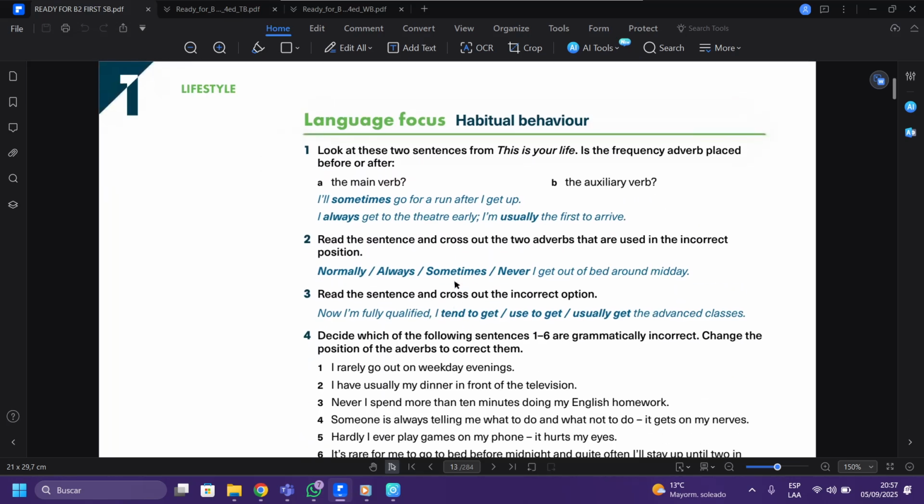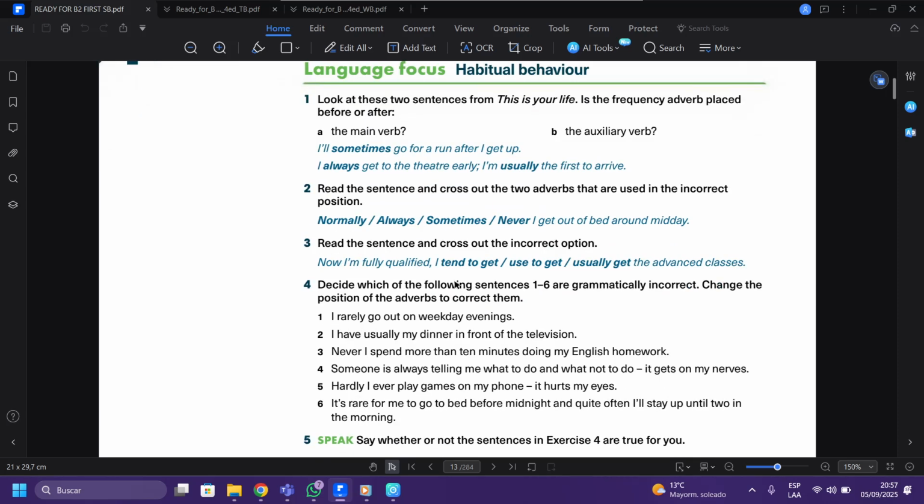And let's go over exercise number 1. You have to look at these two sentences that we have below, and you have to tell me if the frequency adverb is placed before or after the main verb and the auxiliary verb. Please.